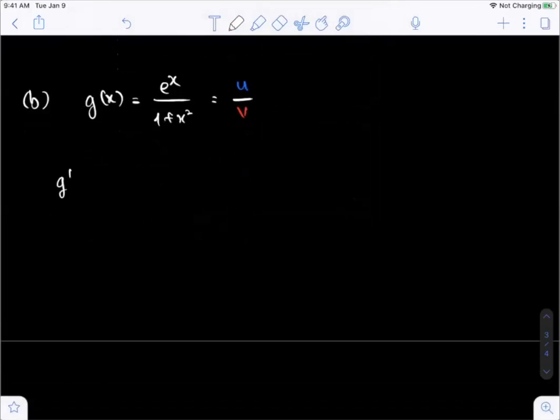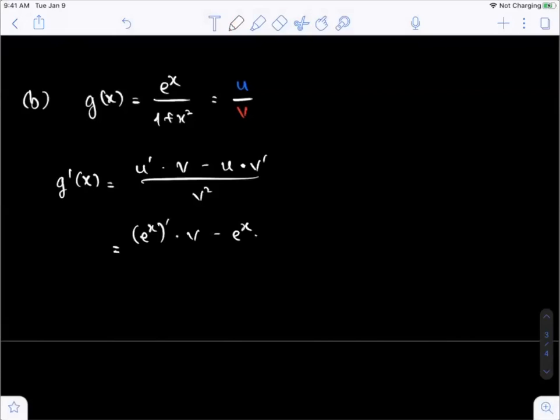The derivative is u prime times v minus u times v prime, all together divided by v squared. So you get e to the x prime times v minus u, which is e to the x, times the derivative of v, all together over 1 plus x squared, then squared.